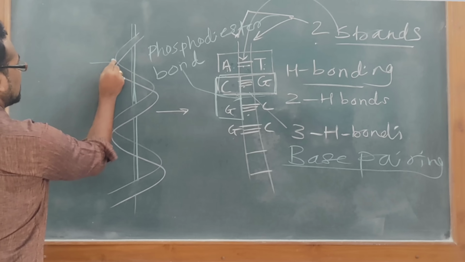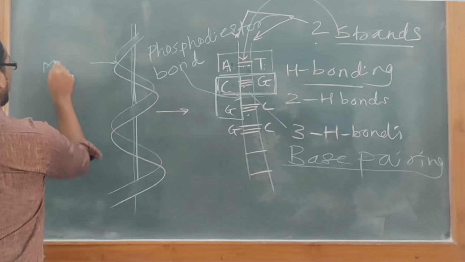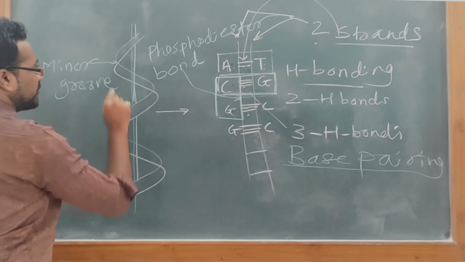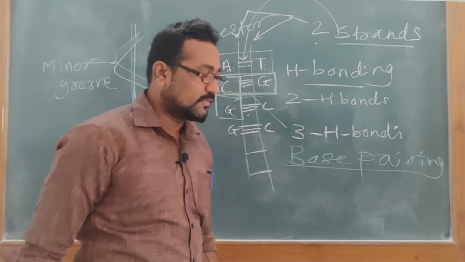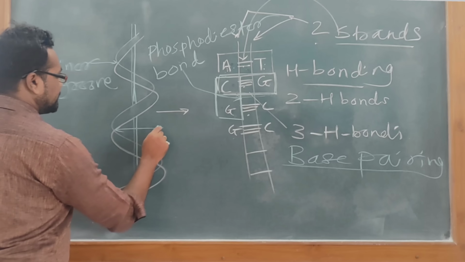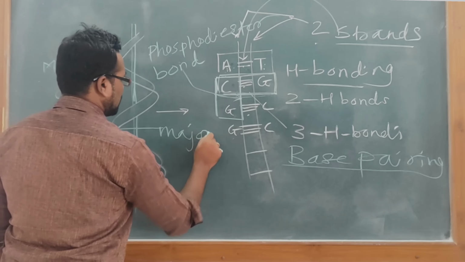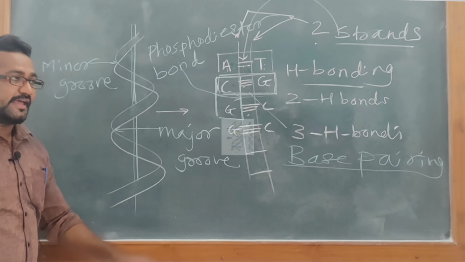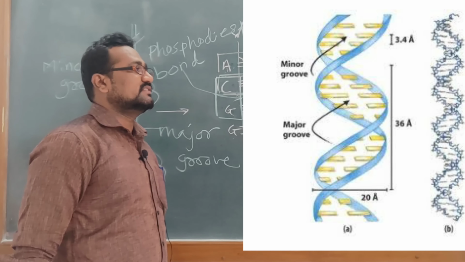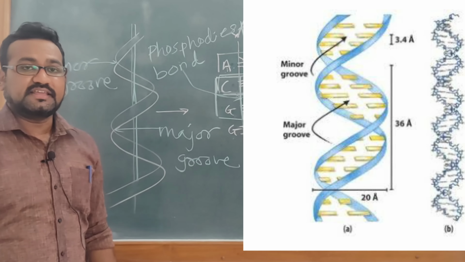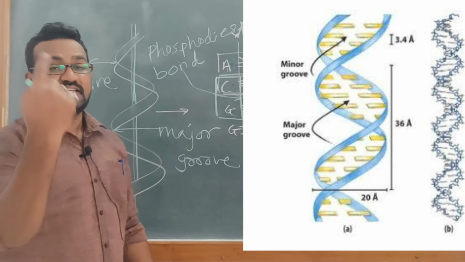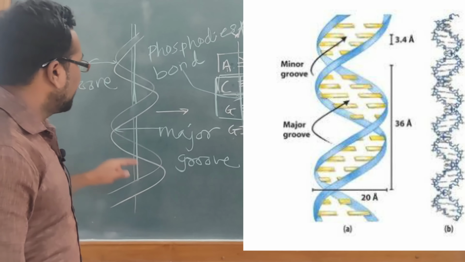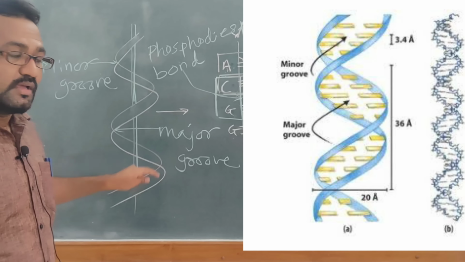This one is minor groove, and this one is major groove. As the image I have presented on the screen indicates, in DNA, when it is in spiral state, there are two grooves present. Which grooves? Minor groove and major groove.